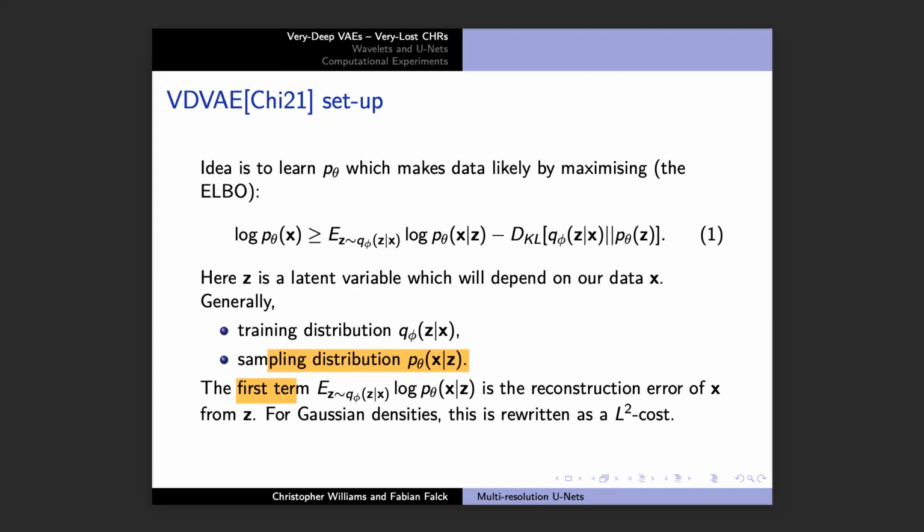You just want to be able to sample from X. So importantly, the reconstruction term up here, when we make this P of theta, given the Z to be Gaussian, you can rewrite it as like an L2 cost, which will be useful for later. So that's all I wanted to say there.